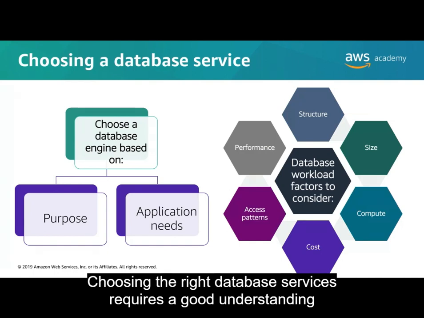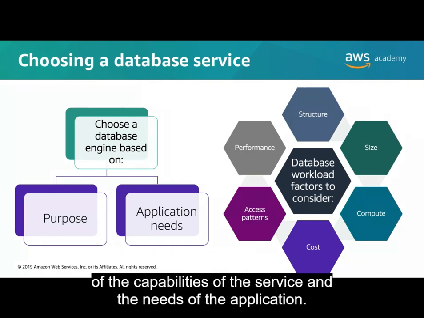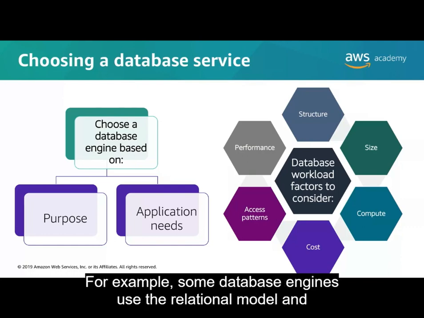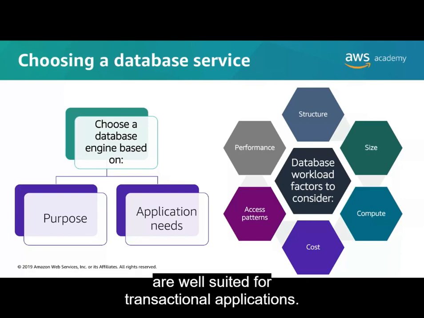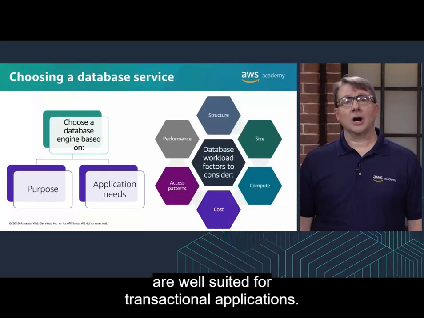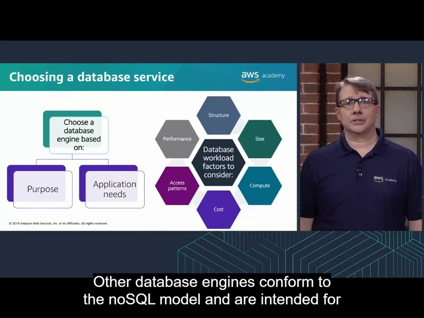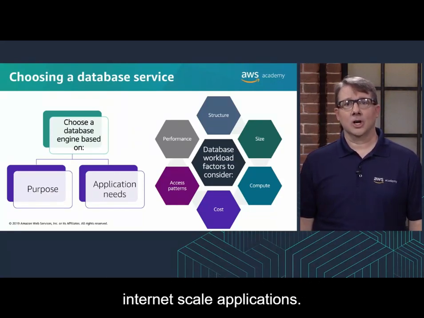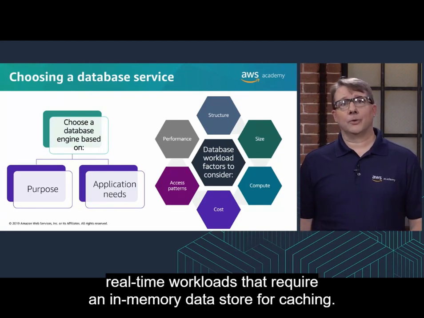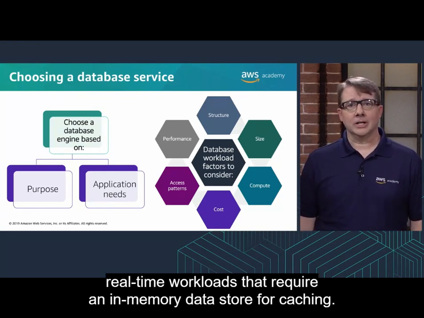Choosing the right database services requires a good understanding of the capabilities of the service and the needs of the application. For example, some database engines use the relational model and are well suited for transactional applications. Other database engines conform to the NoSQL model and are intended for internet scale applications. Others are ideal for real-time workloads that require an in-memory data store for caching.